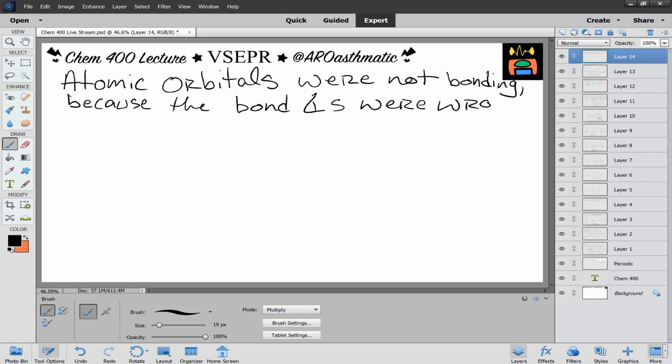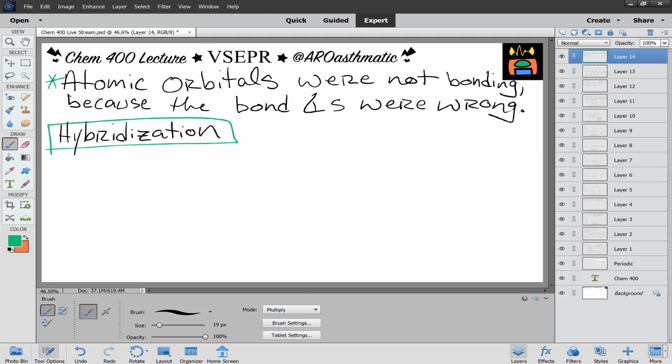All right, the bond angles were wrong, and so chemists, physicists went to the drawing board and they're like, okay, what orbitals, what could possibly be happening? All right, and this is where hybridization, the idea of hybridization, came from. Remember, orbitals are probability density functions. They're mathematical functions that describe the chances of finding an electron around an atom.